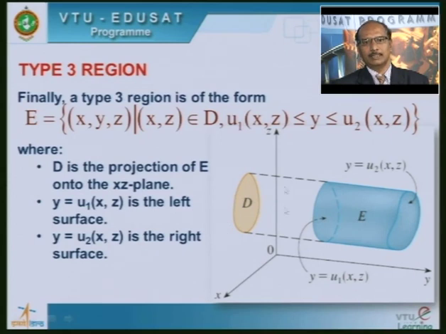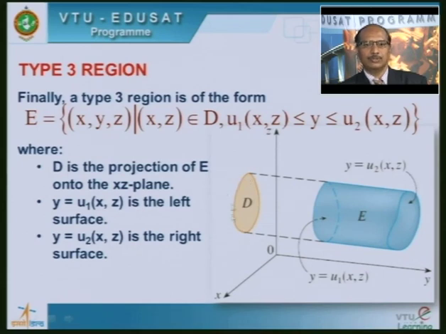You see it is the x axis and z axis, so you can easily identify this plane as the plane containing the x axis and z axis, that is the xz plane. So, D is the region in the xz plane, and you go for finding the limits of this region D. Again there are two sets of limits. You can consider x limits to be constants and z limits to be functions of x, or z limits to be constants and x limits to be functions of z.